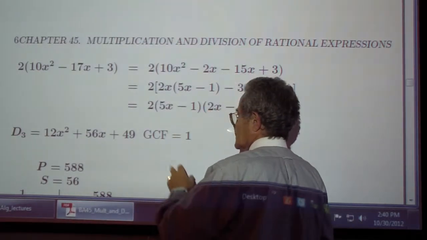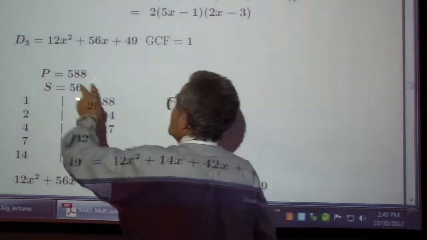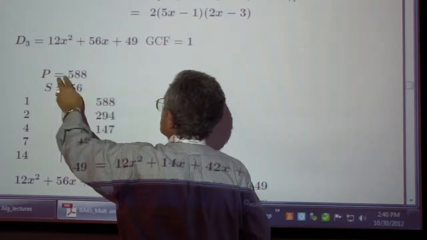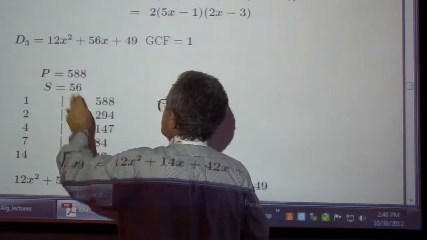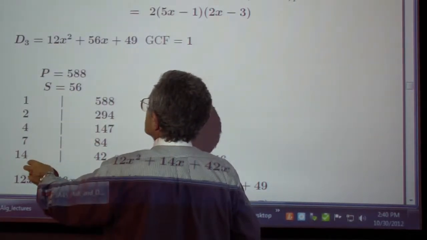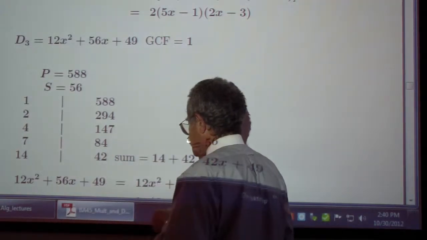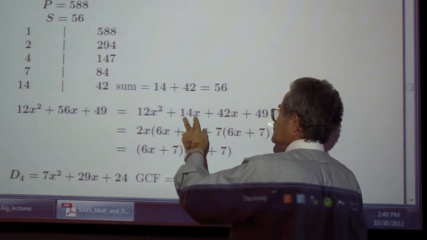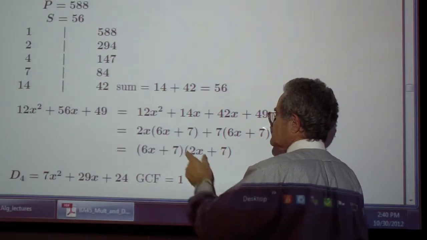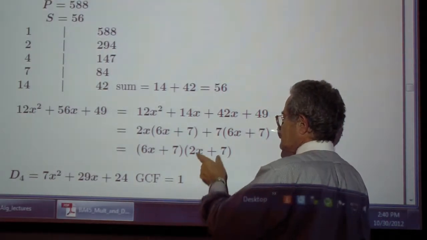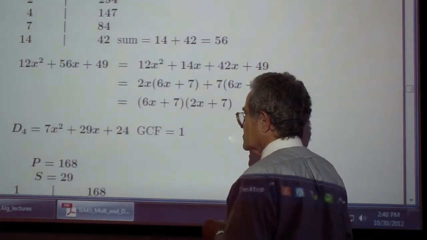Denominator 3, greatest common factor 1. Product sum, 12 times 49, 588. Sum 56. Magic numbers 14 and 42. This becomes 14x plus 42x. Factor out 6x plus 7, you're left with 2x plus 3.